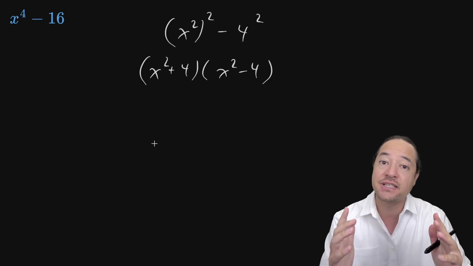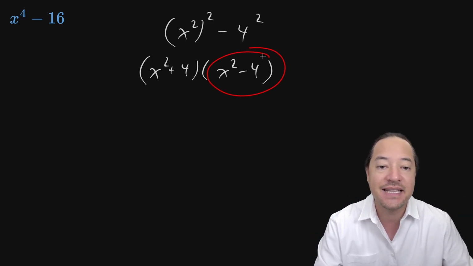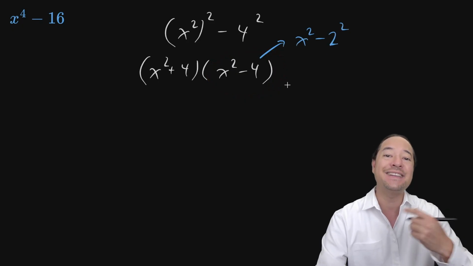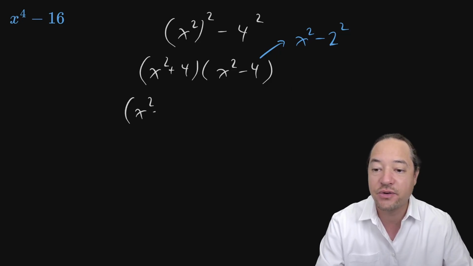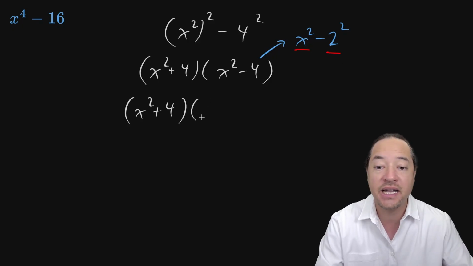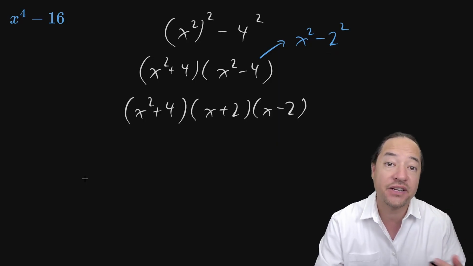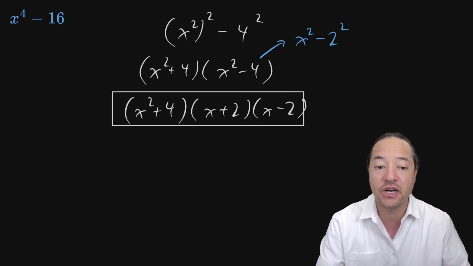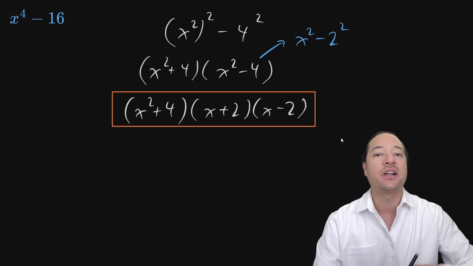We haven't factored it completely, because we can recognize that this here is actually the same as x squared minus 2 squared. So this is another difference of two squares. And that means if we can factor this another step, we'll get x squared plus 4 multiplied by x plus 2 times x minus 2. And now we're done. We can't factor this any further. And so this would be our final answer, and a result of factoring the original expression completely.